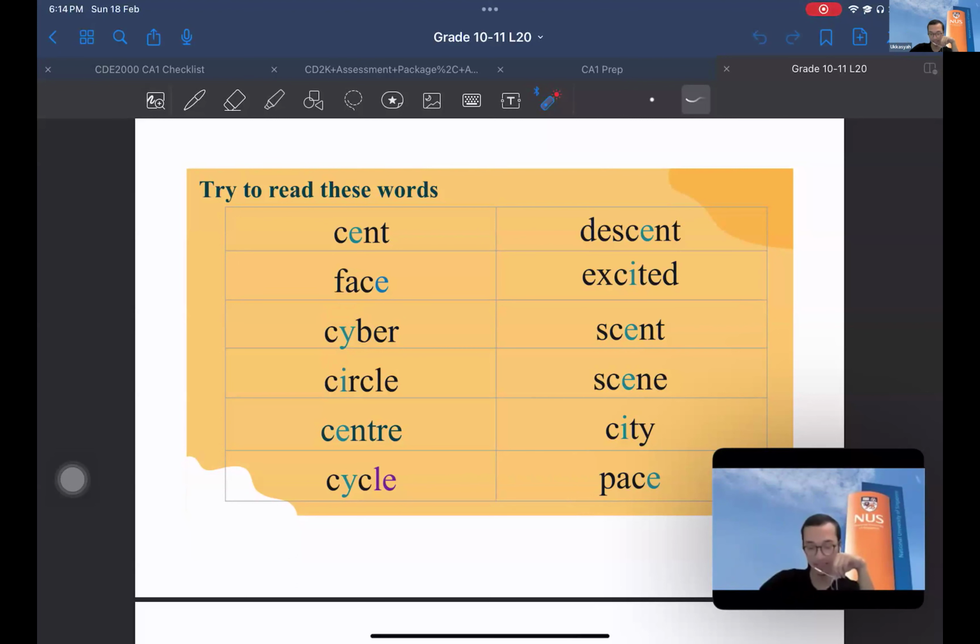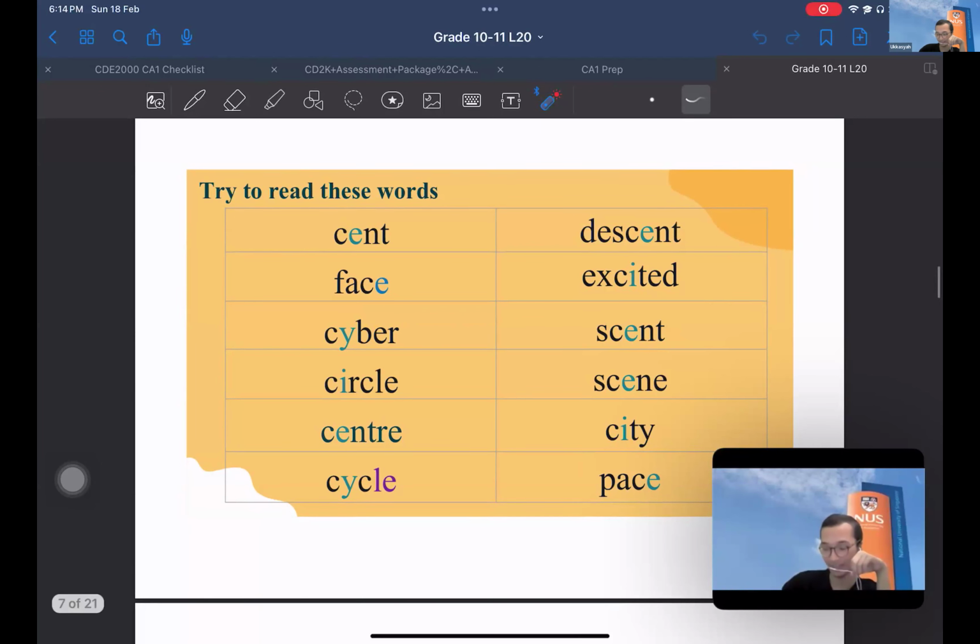Next is scent. Usually when there's an S, C, and E, or SCI, or SCY, something like this, you can roughly say that the C is silent. So the way you pronounce it is just S-E-N-T.